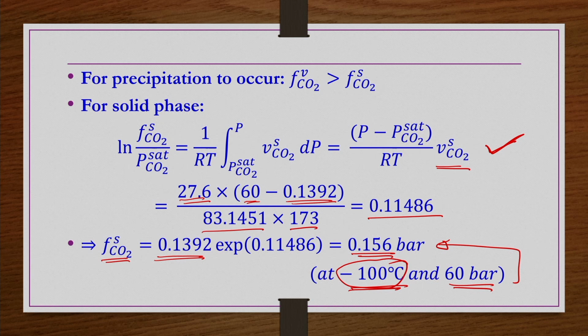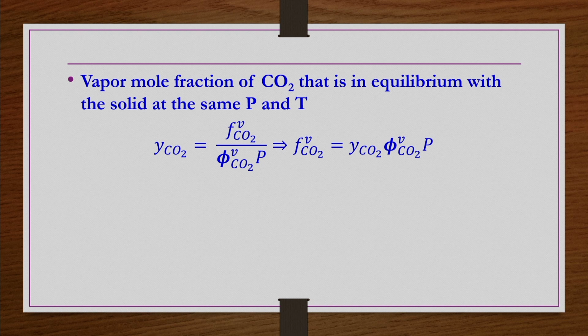The same thing we have to find out for the vapor, that is, the gaseous mixture. For the vapor we have the virial equation of state, right. So, we know that FCO2V is nothing but YCO2 phi CO2 V P. YCO2 is given: only 1 mole percent of CO2 is present in the total mixture, and P is also given, 60 bar.